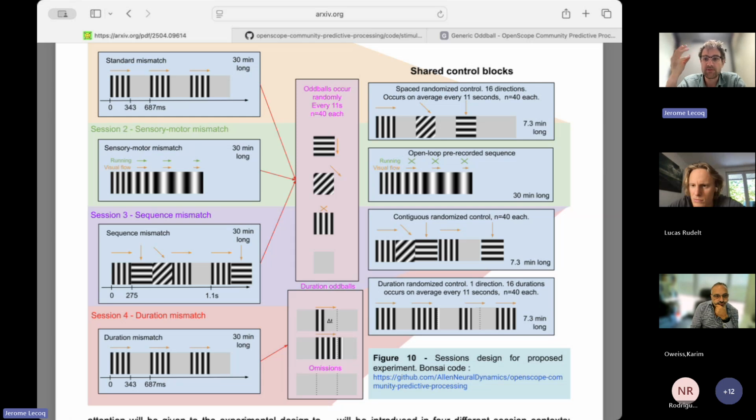Either the drifting stops, so essentially coupling is 0, or you have an omission that is presented, or you have 2 alternative orientations. And we're not allowing anything in between.